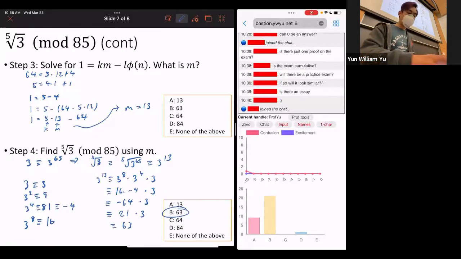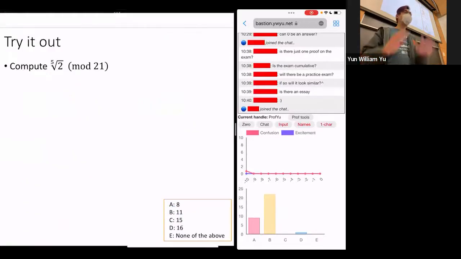Okay, and we have a couple more minutes. So let's solve one all on your own. So instead of going through step by step, now you need to combine all 4 steps together and solve. And this is just one problem. So there will be a problem on the final exam that looks something like this.